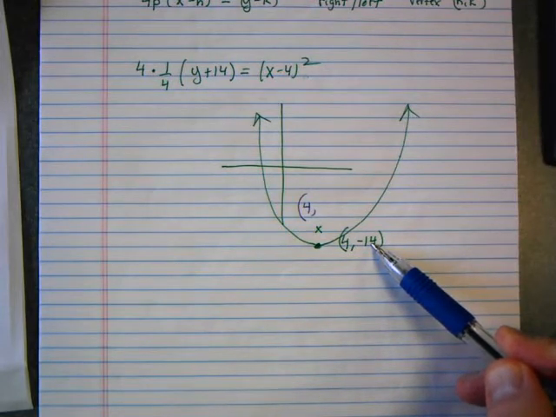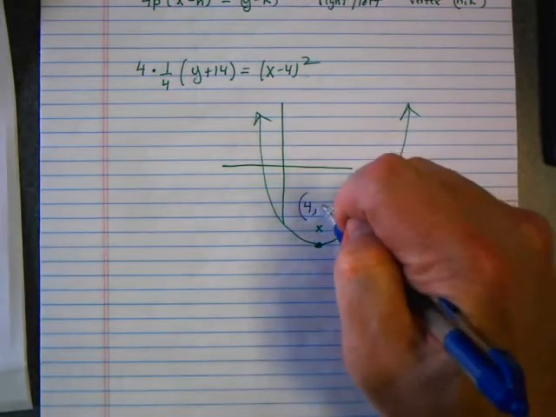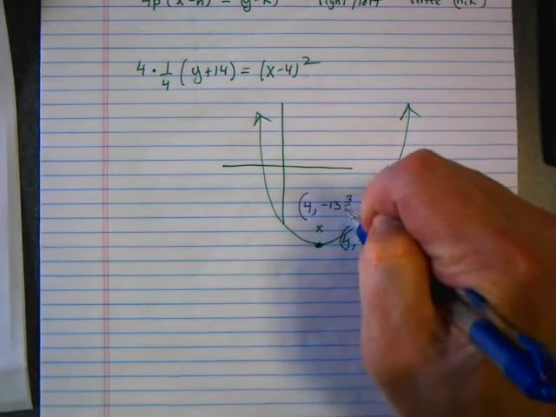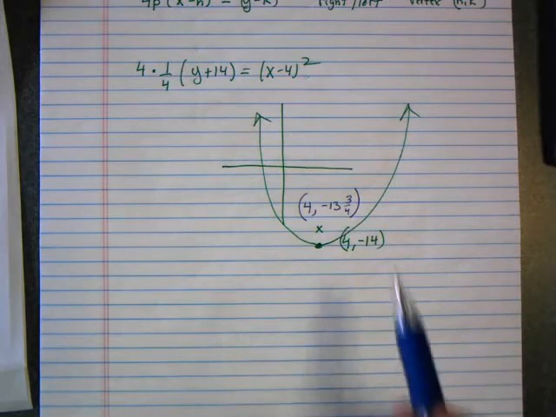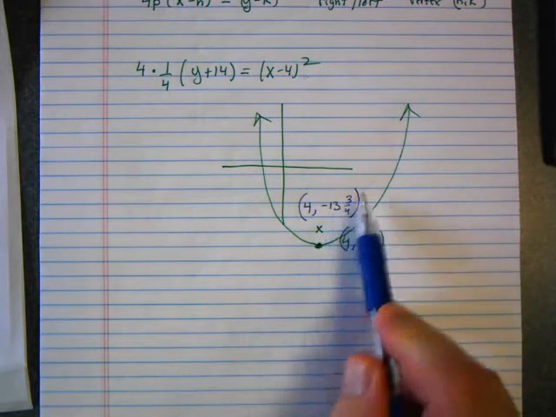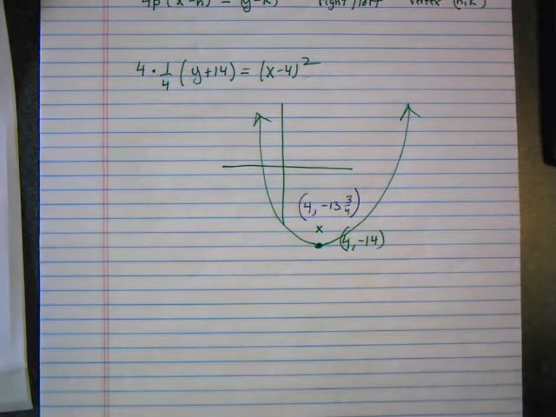Negative 13 3/4. Or, worst case scenario, you take 4 times 13 and then you add the 3, and you put it as an improper fraction. Negative 57 over 4 also works.